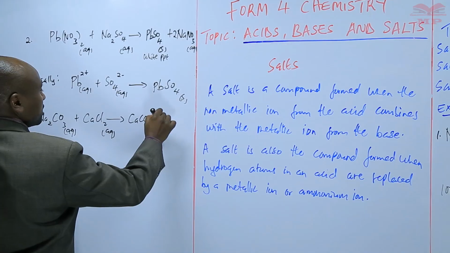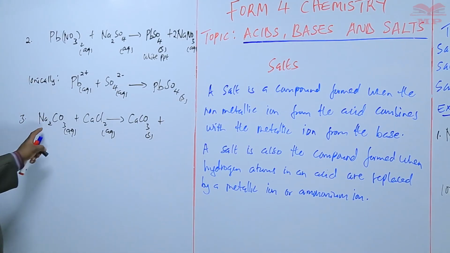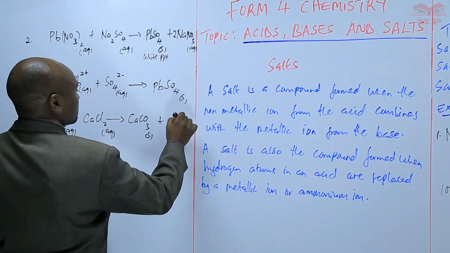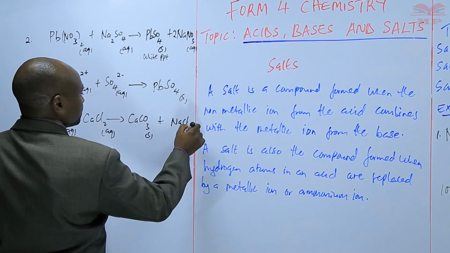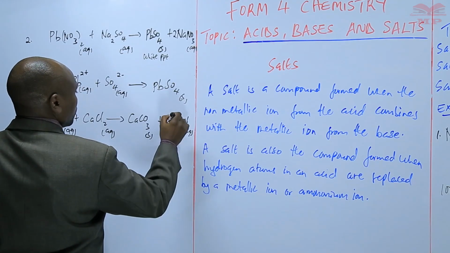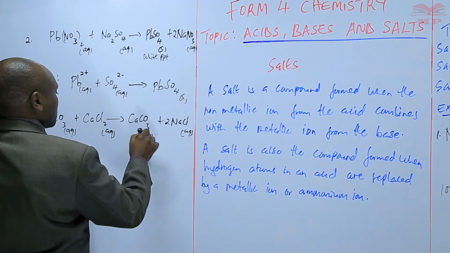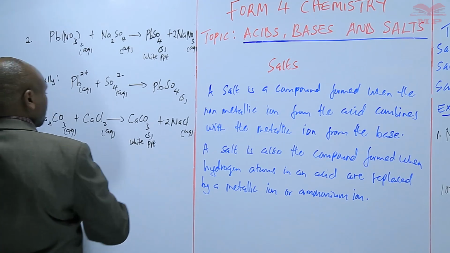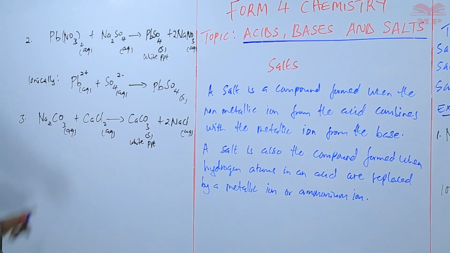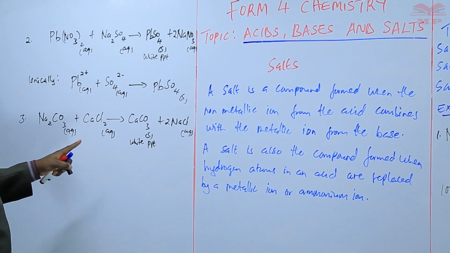Calcium carbonate is an insoluble salt, plus sodium chloride, which is soluble. Balanced, this is a white precipitate. It's balanced.